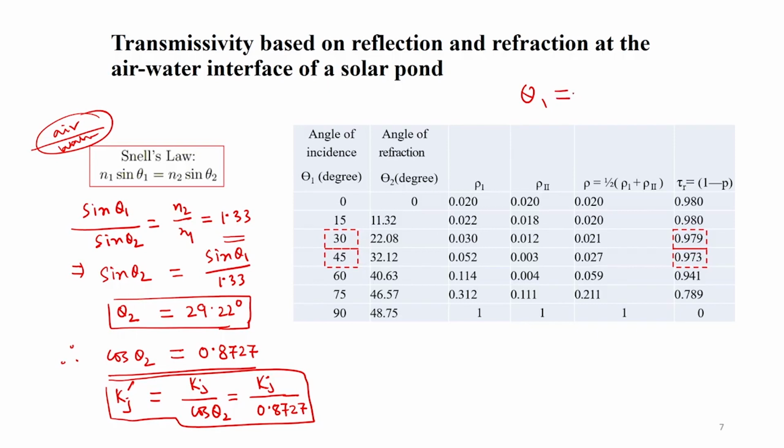Theta 1 we have already calculated as 40.49 degree. We know the values at 30 and 45, but we need to calculate at 40.49. How to calculate it? By using interpolation.